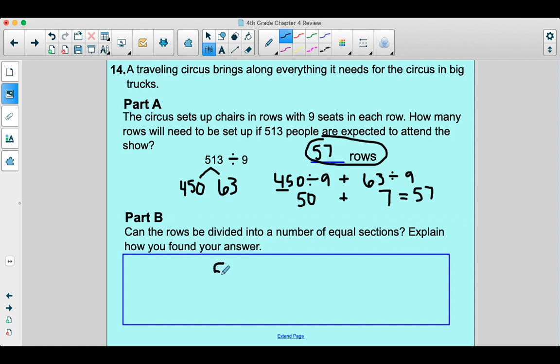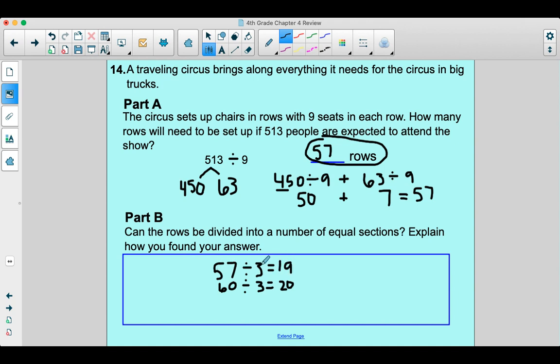So 57 divided by 3. Oh, wait a minute. I just realized something. If I add 3 to it, it's 60 divided by 3. And I know 60 divided by 3 is 20. That would make this answer be 19, because it's just one group less.